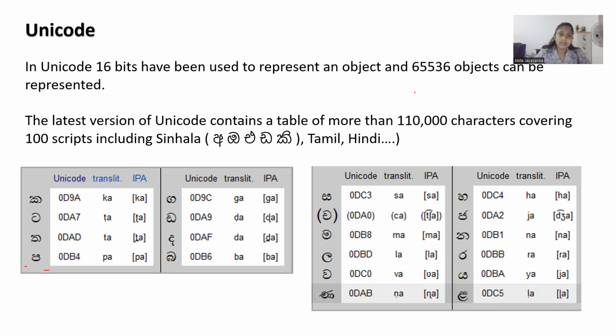The latest version of Unicode contains a table of more than 110,000 characters covering 100 scripts including Sinhala. Sinhala, Hindi, Tamil, all these languages can now be represented in Unicode. That means in Unicode every letter has a unique number, so keyboards can generate it and introduce the relevant number to the machine.